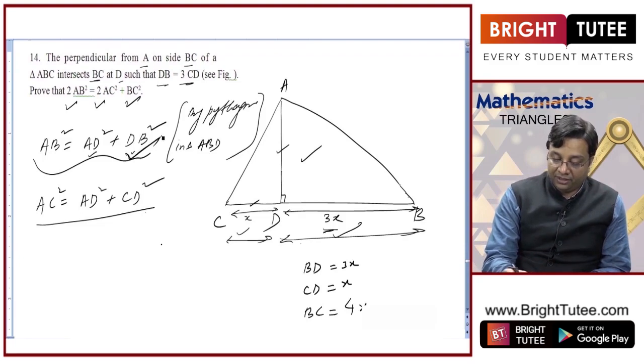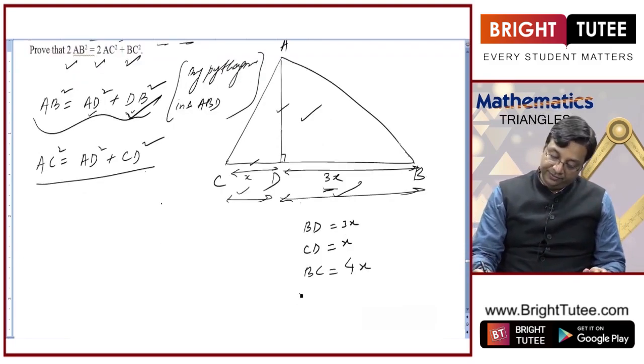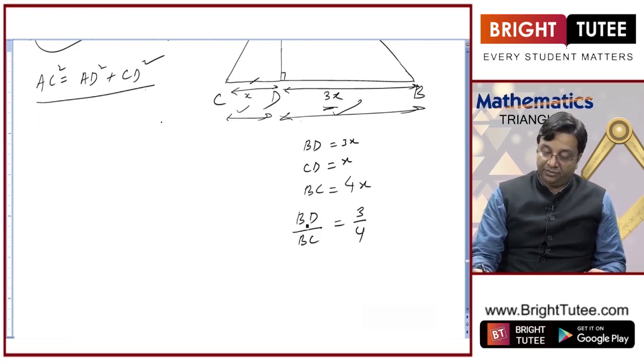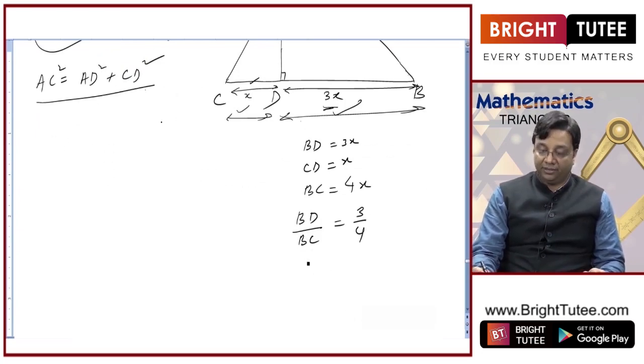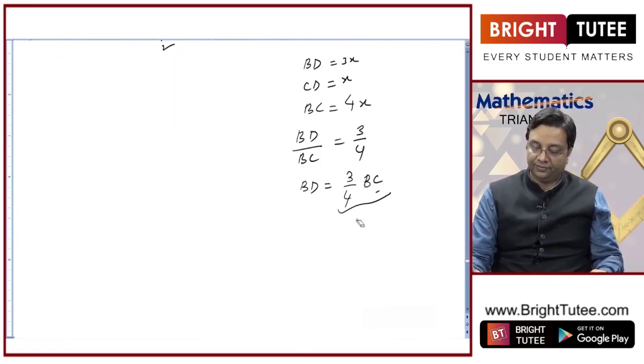So, if I have to convert this BD into BC, what will be the relation between BD and BC? It will be 3 by 4. Right, the ratio between BD and BC is 3 by 4. So, BD is nothing but 3 by 4th of BC. Okay.